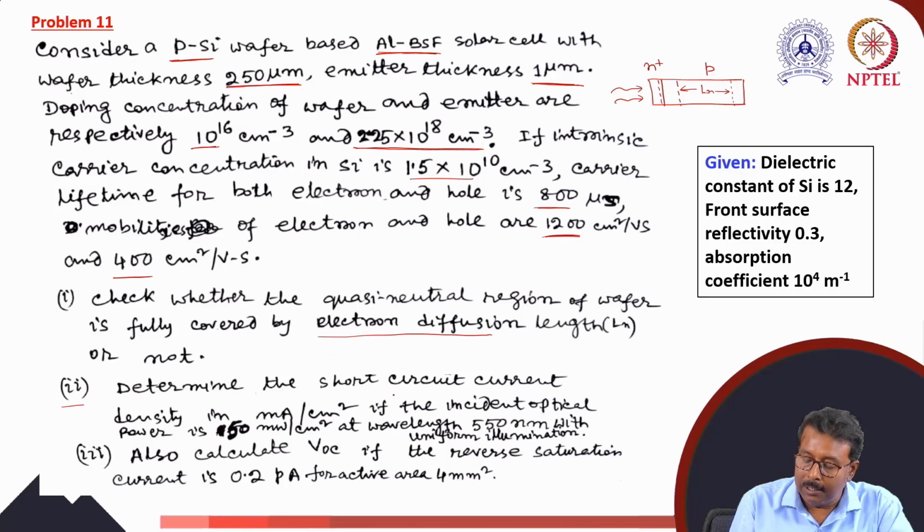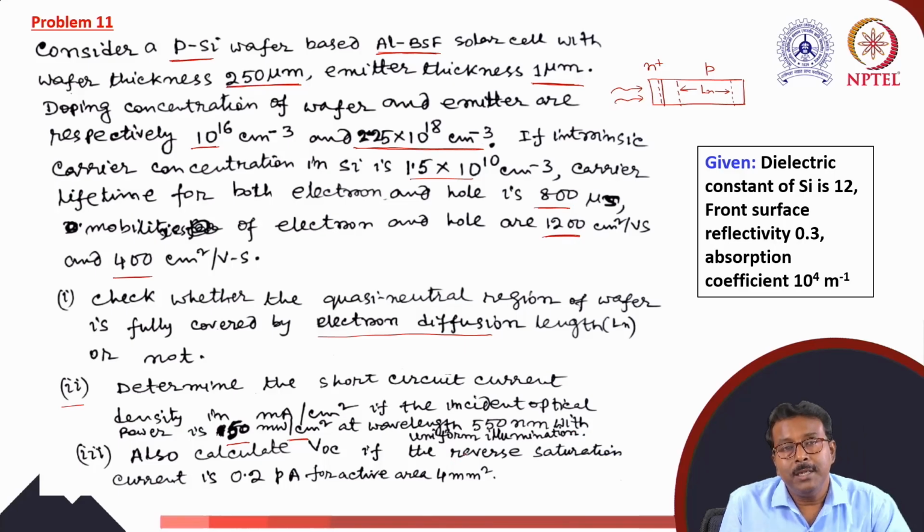Anyway, we will go to the problem solution, but before that, the second part. Determine the short circuit current density, JSC, in milliampere per centimeter square if the incident optical power is 50 milliwatt per centimeter square at a wavelength of 550 nanometer with uniform illumination.